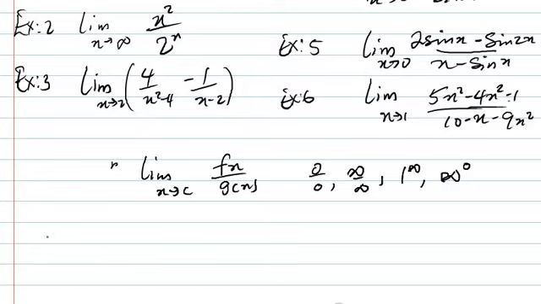So let's say the limit as x goes to c of the given function f of x over g of x exists.